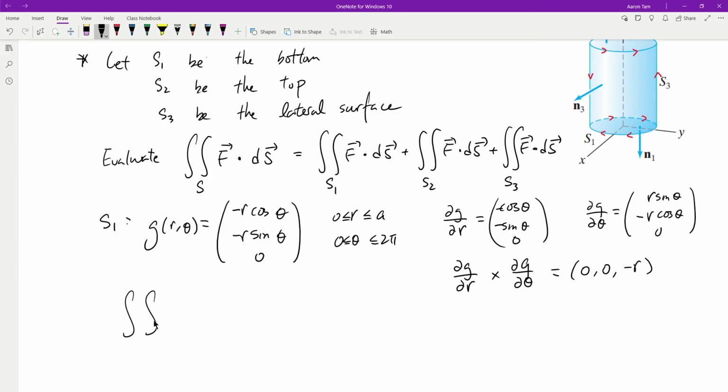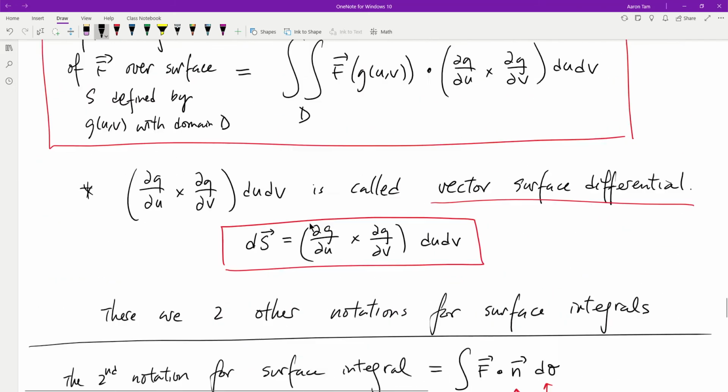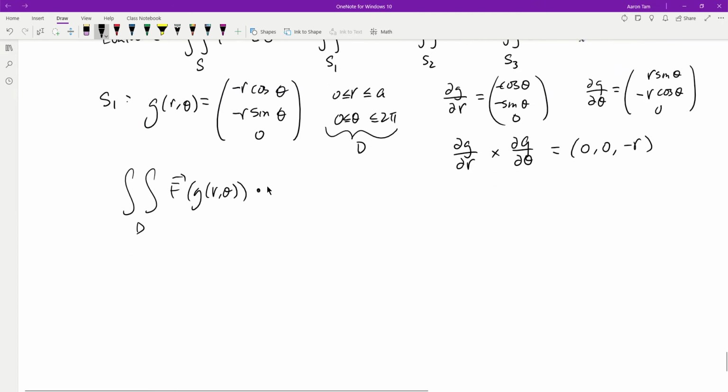My integral would be over, I'm going to collectively call this D, because that's my domain for my parameterization now. So I'm going to say double integral over D of vector f of g of r theta, dot product the cross product, dg over dr cross dg over d theta, dr d theta.